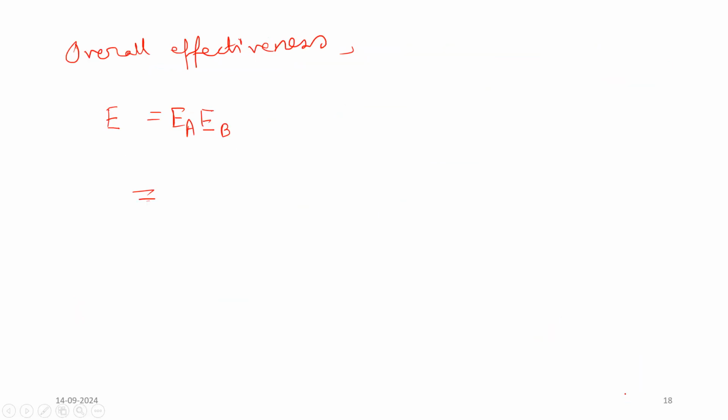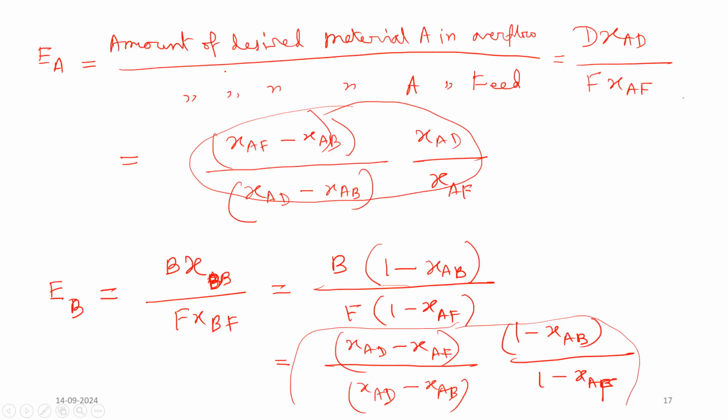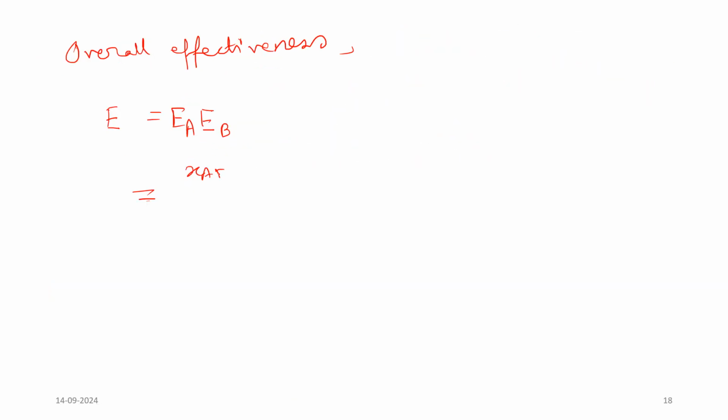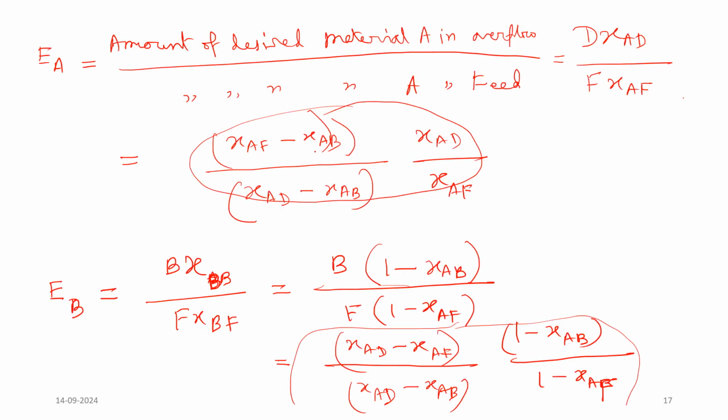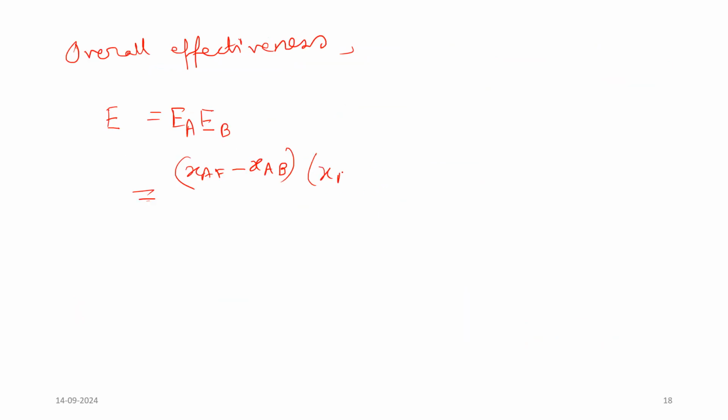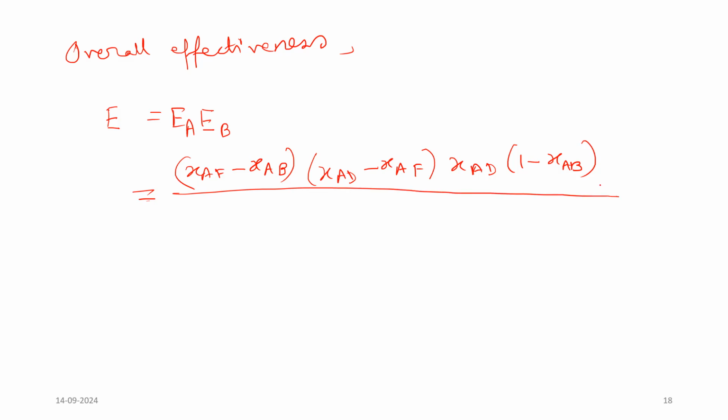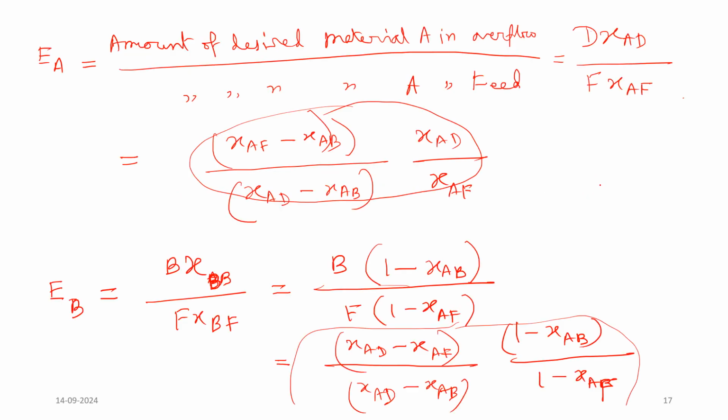So this will be the final. So what will be XAF minus XAB, then XAD minus XAF, then XAD into 1 minus XAB, divided by the bottom portion XAD minus XAB square, because here also XAD minus XAB is there, here also XAD minus XAB is there.